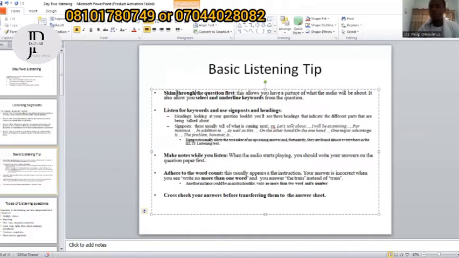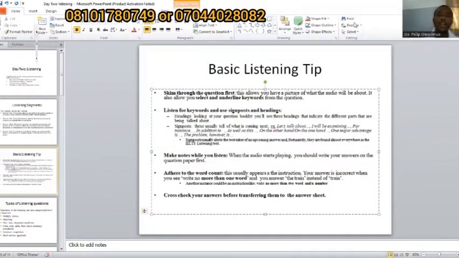Skim through the question first, because you don't have all the time to read. They could give you around 10 seconds to 30 seconds. So skim through the question first. This allows you to have a picture of what the audio will be about, and also allows you to select and underline keywords.